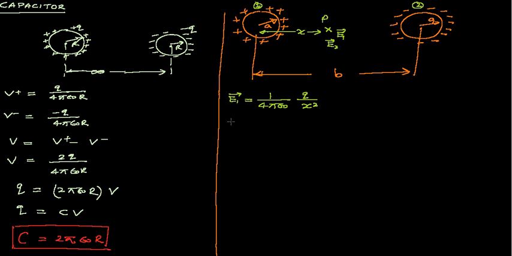Okay, and what about the electric field due to sphere number 2? That will be 1 by 4 pi epsilon naught Q by what will be the distance from the center of this sphere to this point. The total distance is b, and this one is x, so it is b minus x up to this point. So here you will get b minus x square.